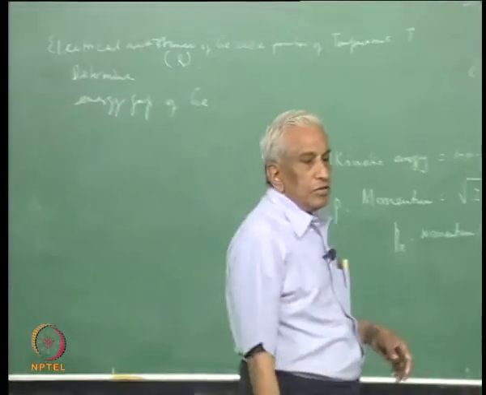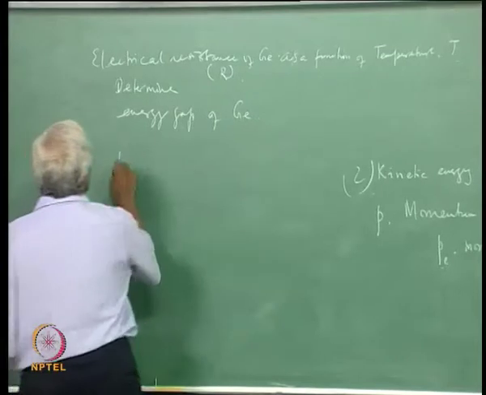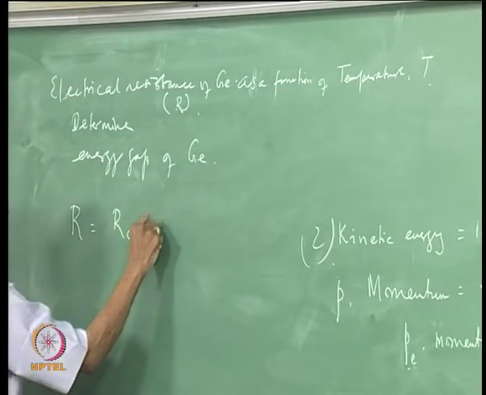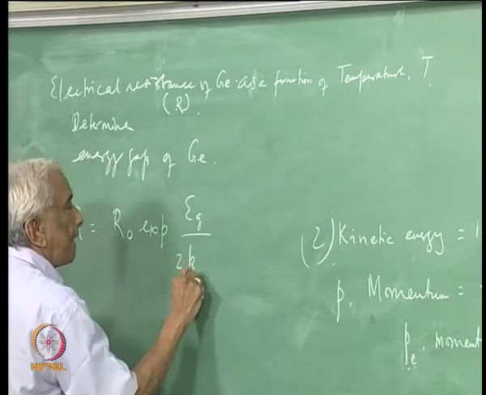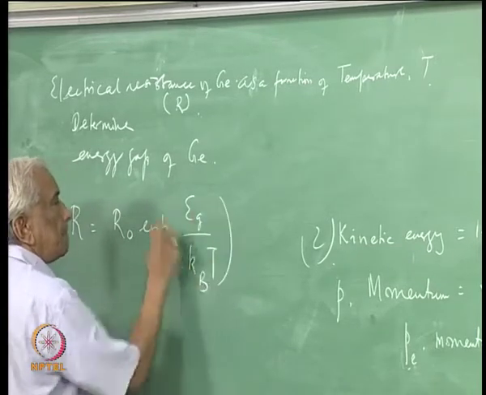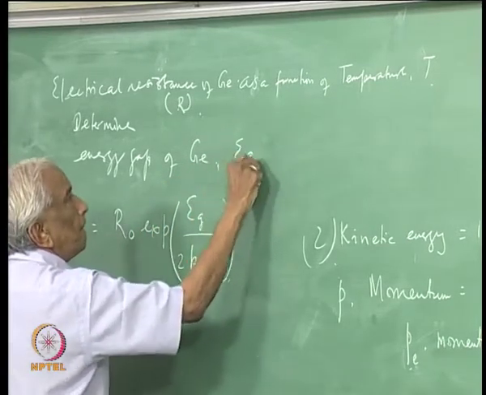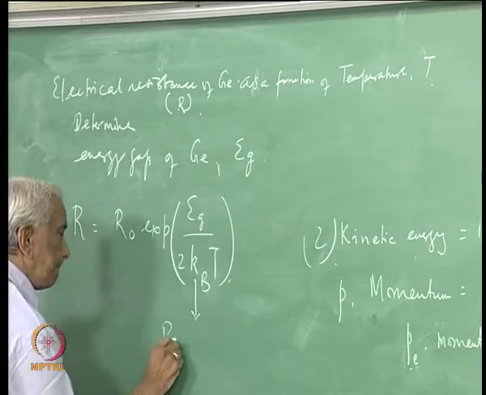And for this, we know that the resistance has a temperature dependence, which has the form where E g is the energy gap and K b is the Boltzmann constant.